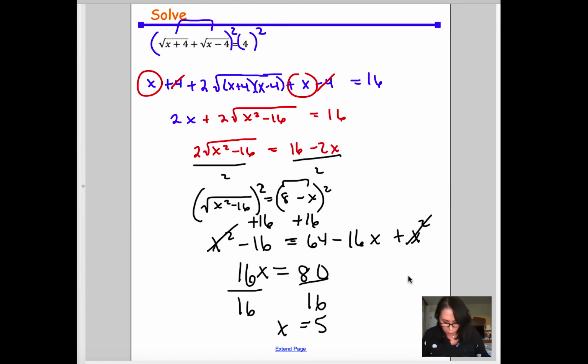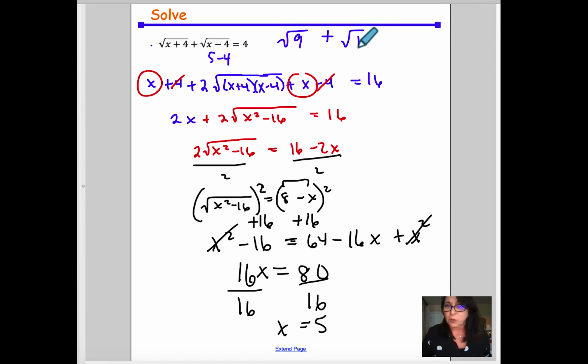Now, before I do anything with the 5, I do need to check my answer. I'm going to go back up to the very top, and plug my answer back into the equation to check. So in plugging 5 in, I'm going to get 5 plus 4. Oh, that's 9. 5 plus 4 is 9. And then plus 5 minus 4, which is 1.